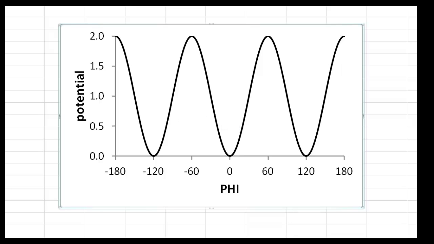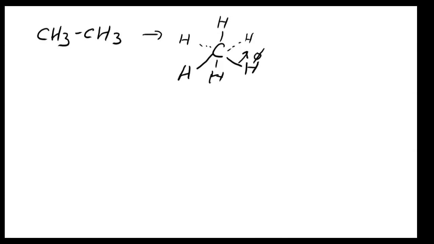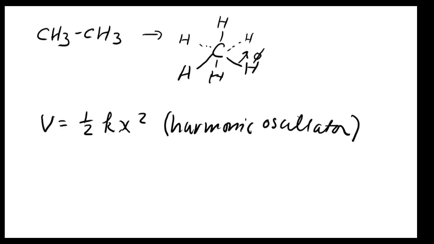So the problem asks to show for small values of rotation, phi, that this section here is described by a harmonic oscillator. All right, well, let's go see here. Recall that the potential for a harmonic oscillator is 1/2 kx squared. And now here we have the potential for that rotation about a CC bond, V0 times 1 minus cosine of 3 phi.